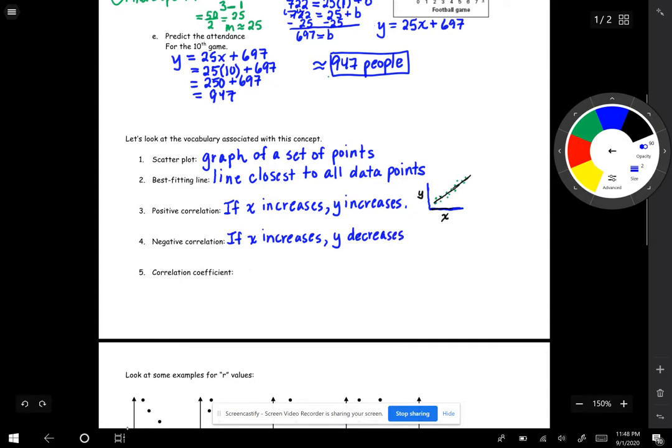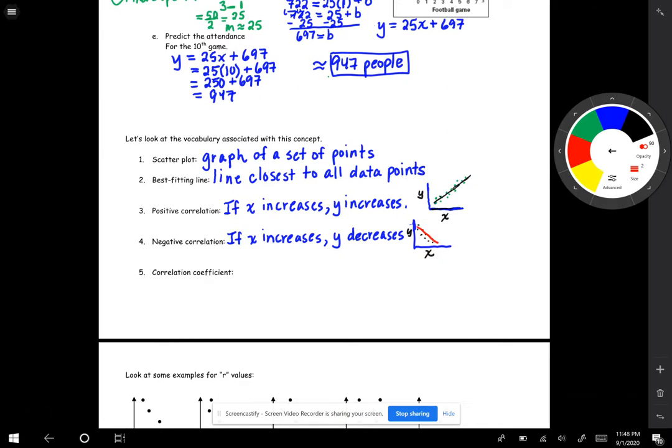I'll sketch this picture right here, and I do the line.